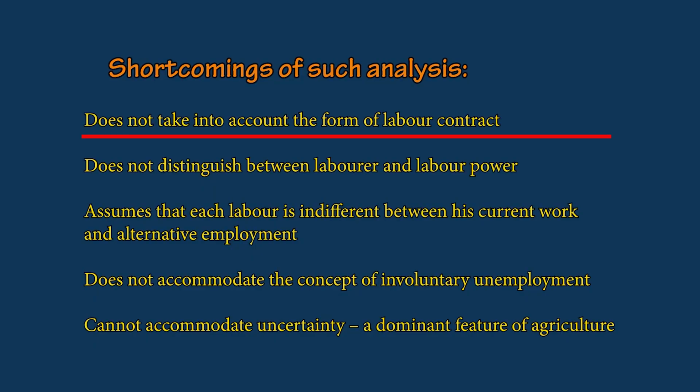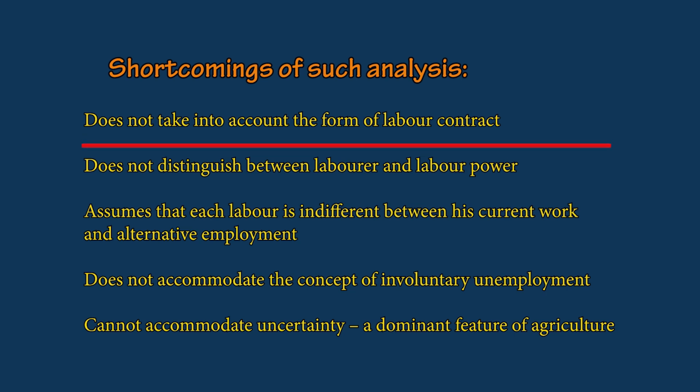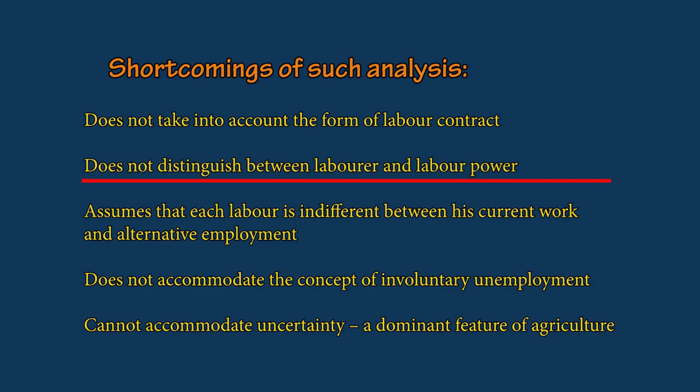Firstly, such analysis does not take into account the particular form of labor contract. Secondly, it does not distinguish between labor and labor power. Thirdly, it assumes that each laborer is indifferent between his or her current work and alternative employment.